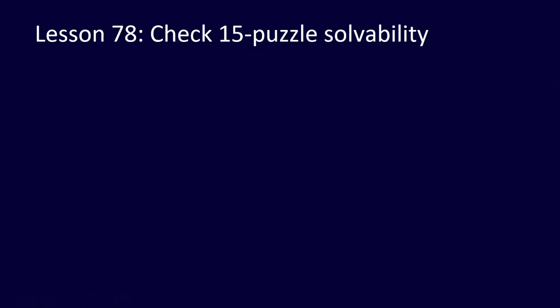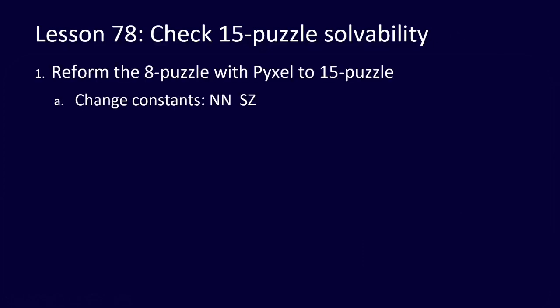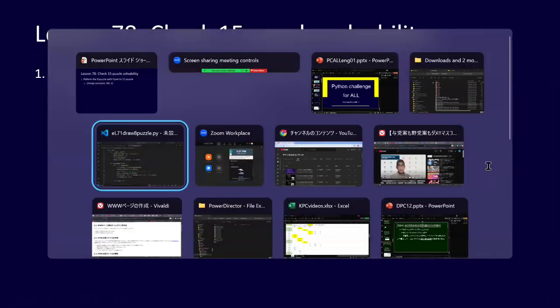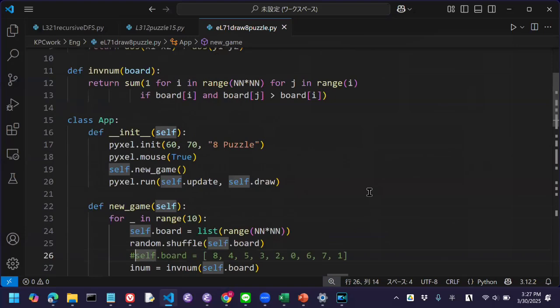So, before going on to automatically solve puzzles, let's think about the solvability of 15 puzzles. Actually, let's play with the 8 puzzles first. Let's change our 8 puzzle to 15 puzzles. Let's go back to our code and see.